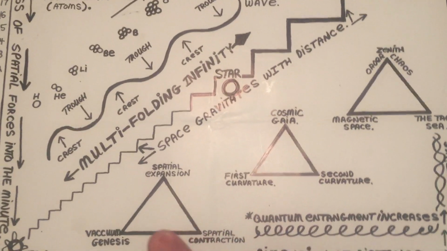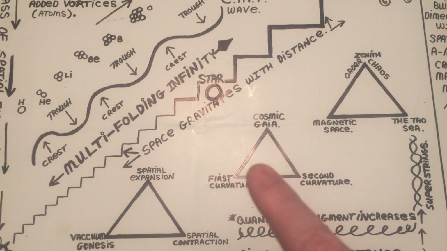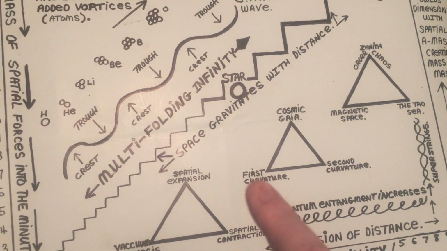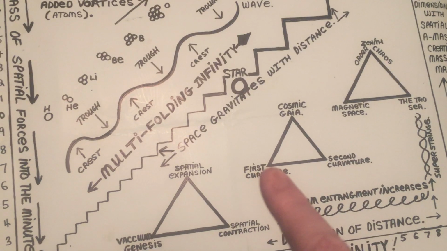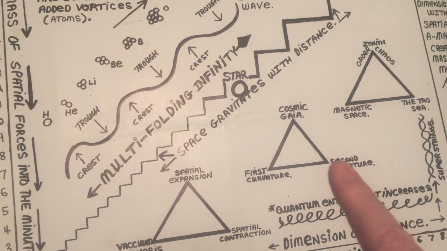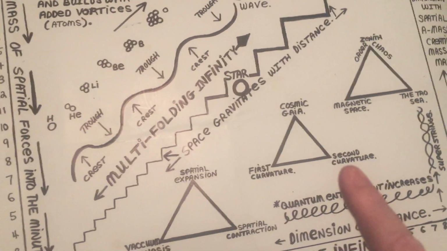We have the philosophy of two curvatures to the universe, not just one. There is the curvature that we know of, that we're aware of in science, and there's the second curvature that we're not aware of as of yet.